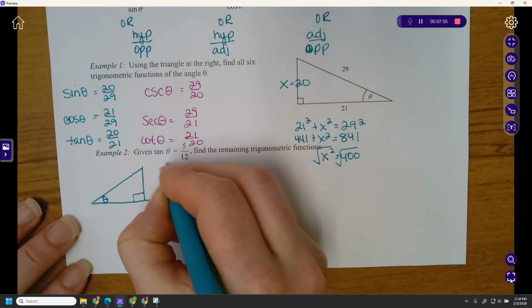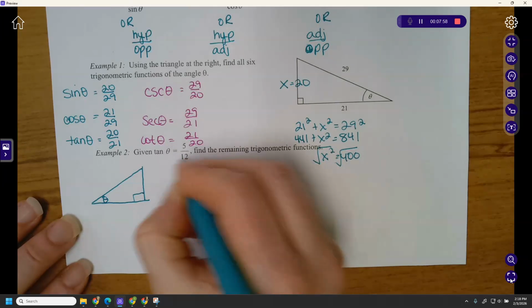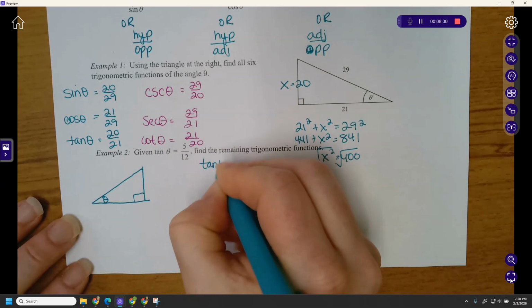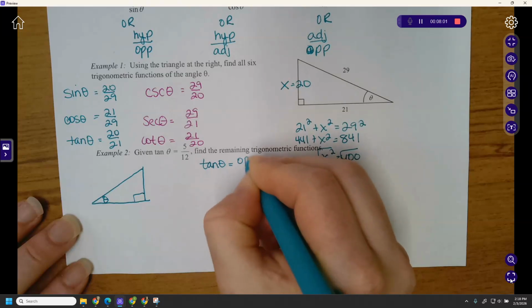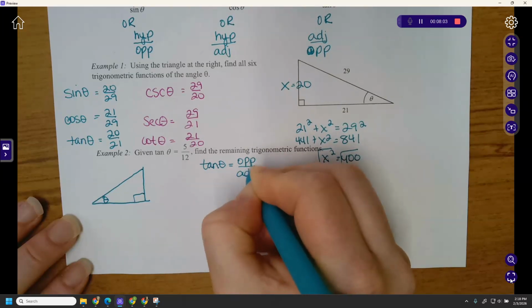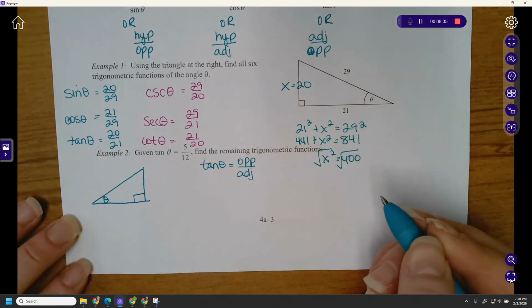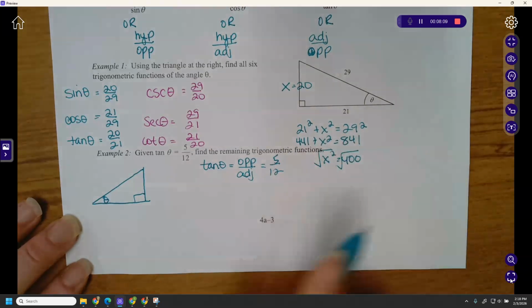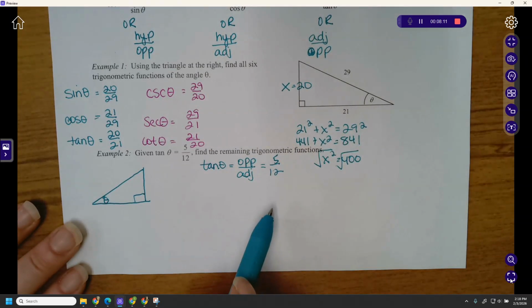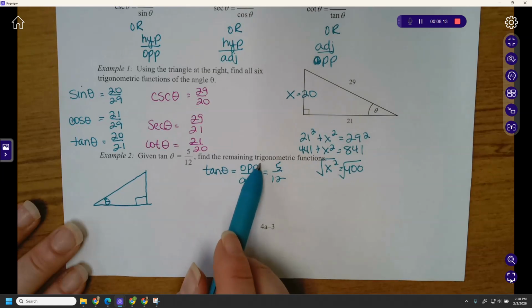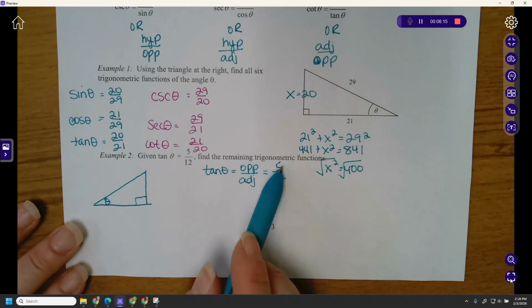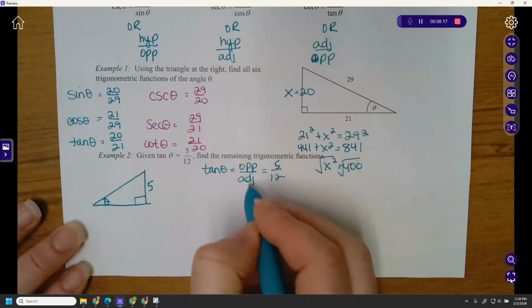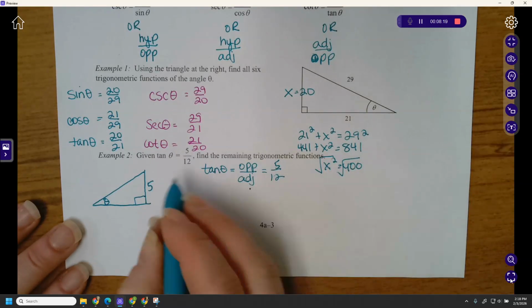And what's tangent the ratio of? Opposite over adjacent, right? And I'm telling you it's 5 over 12. So what can you put in the opposite spot? The 5. And the adjacent spot, you can put the 12.